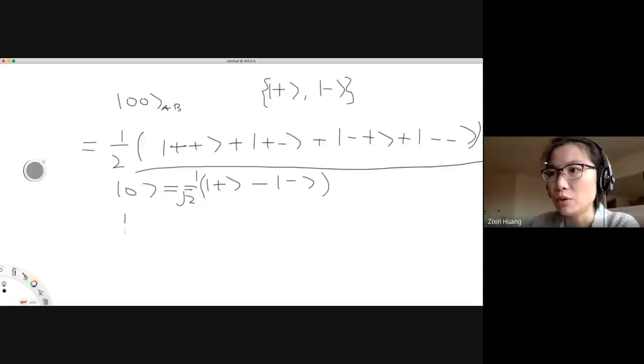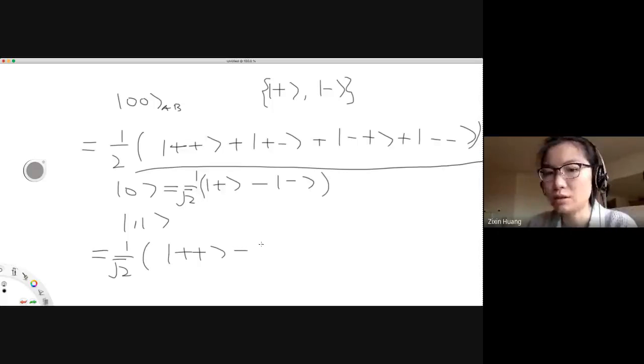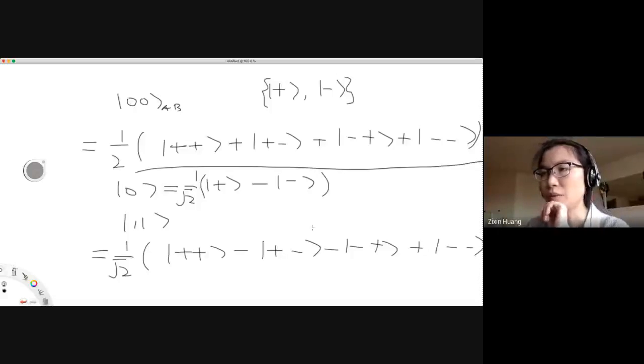And the same goes with the 1, 1. You can check that this is equal to a half of plus plus, minus plus, plus minus, minus minus with the appropriate signs.